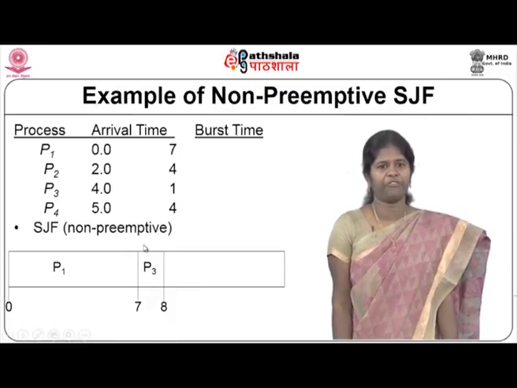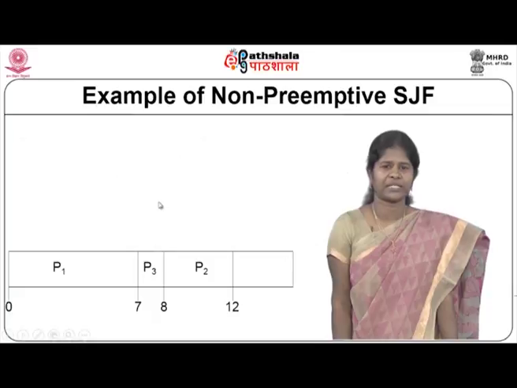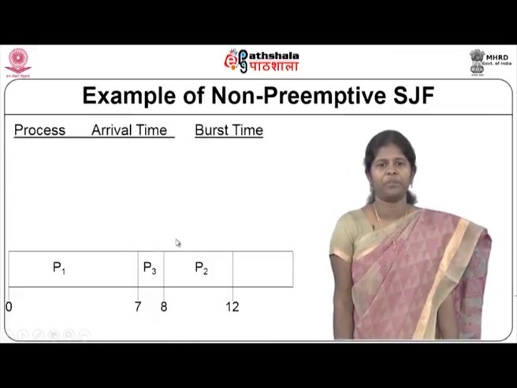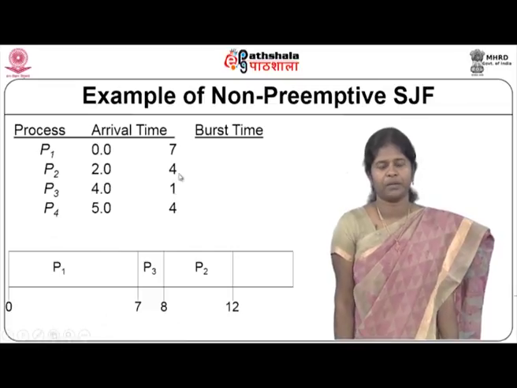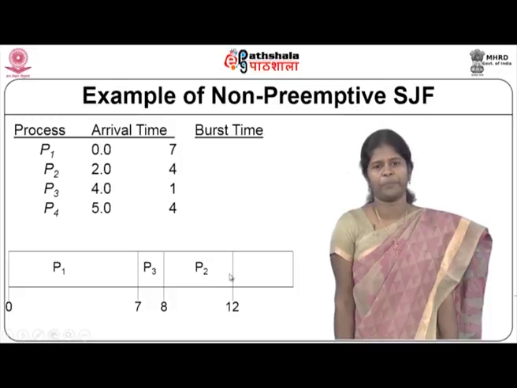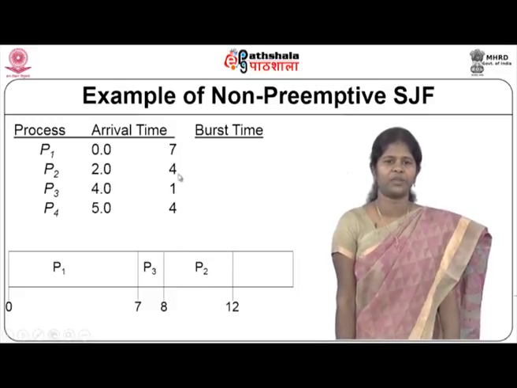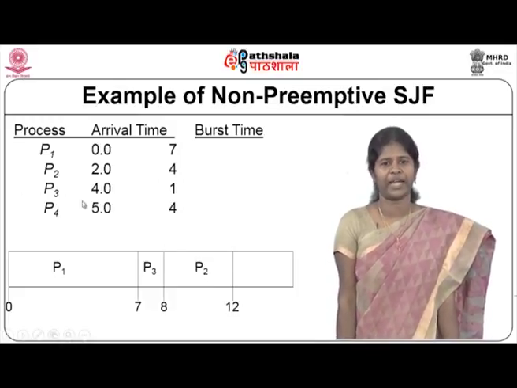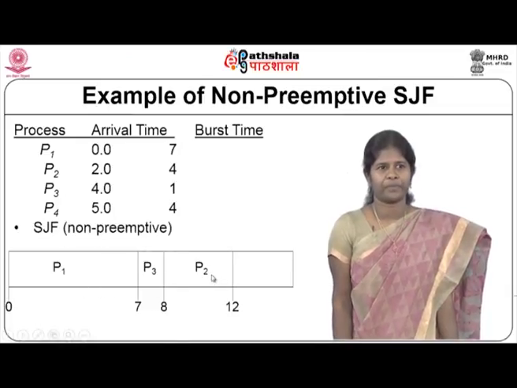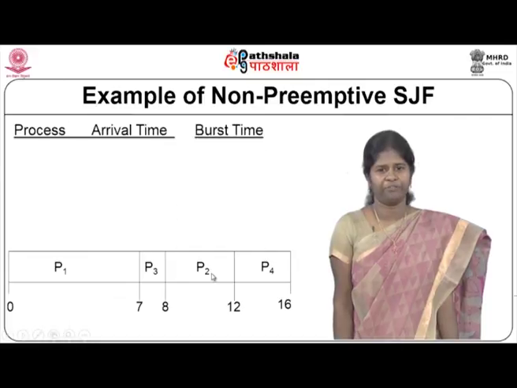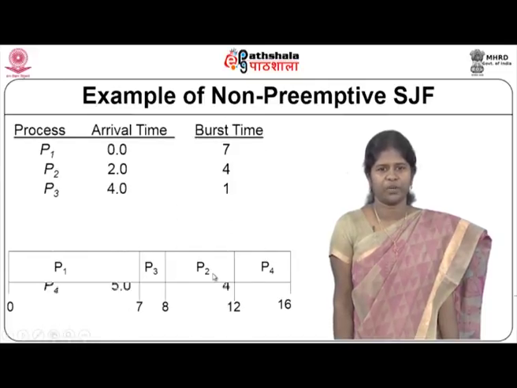Either can be scheduled next because both have the same burst time, or you can break the tie using FCFS. Because P2 had arrived earlier, we give the CPU to P2. And then P4 is scheduled next.